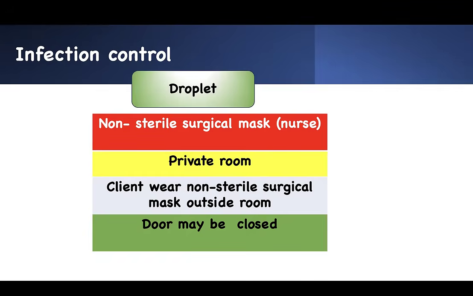The patient is in a private room. You can put two together, cohort them, but most of the time it's a single room with the patient alone. You don't need a negative pressure room. You just need a private room. The client does not wear anything unless they leave their private room, working outside or getting an X-ray.